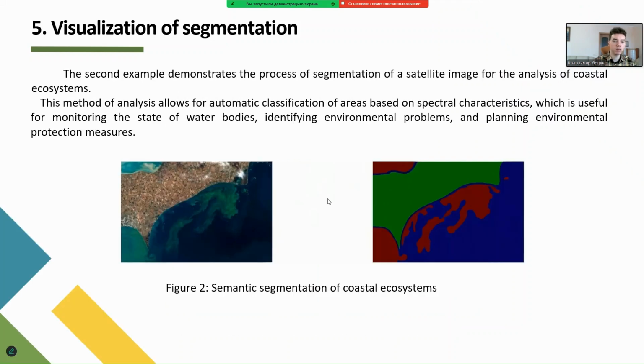The second example demonstrates the process of segmentation of a satellite image for the analysis of a coastal ecosystem. This method of analysis allows for automatic classification of areas based on spectral characteristics, which is useful for monitoring the state of water bodies, identifying environmental problems, and planning environmental protection measures.